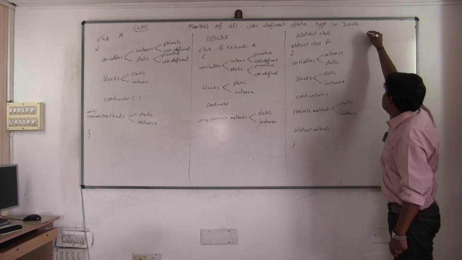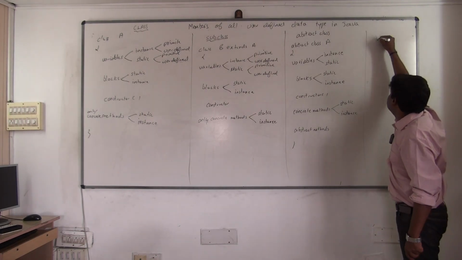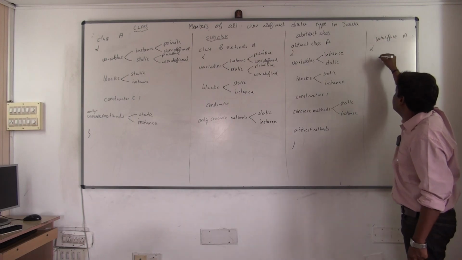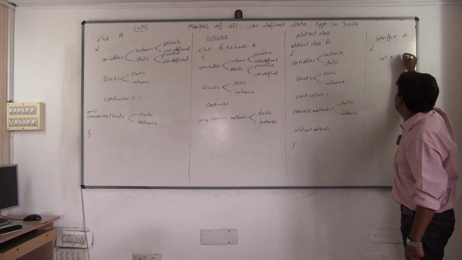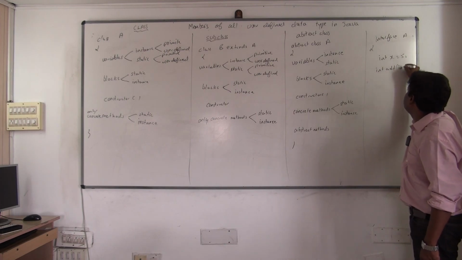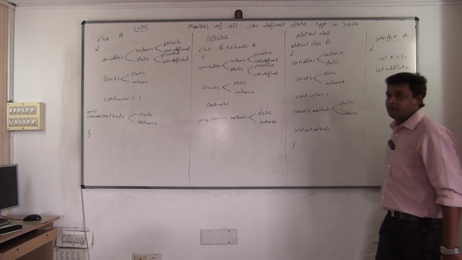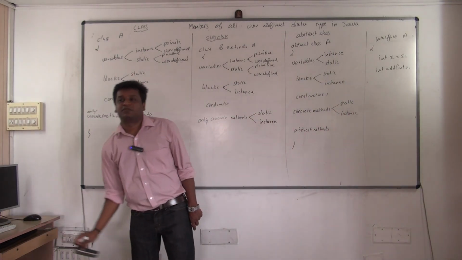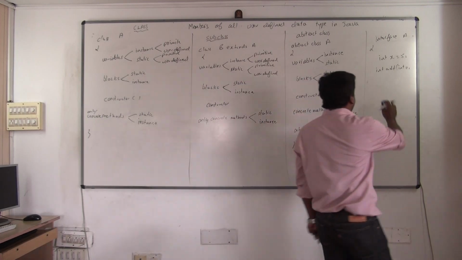Clear? And lastly, the members of an interface. How do you write? You use the keyword interface A. Only two now: int x is equal to 5, and an abstract method int add. Public static final variables. I'm writing the code there. You can have only abstract methods and public static final variables.